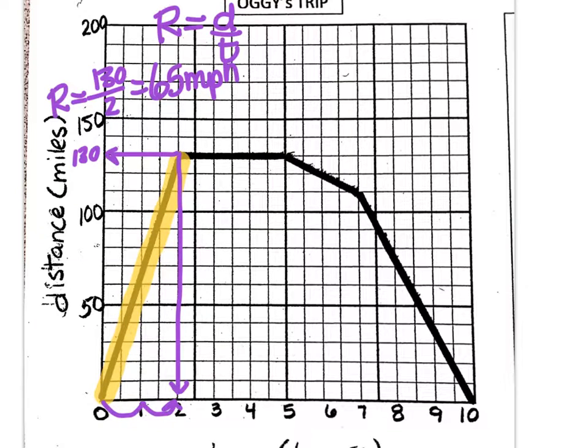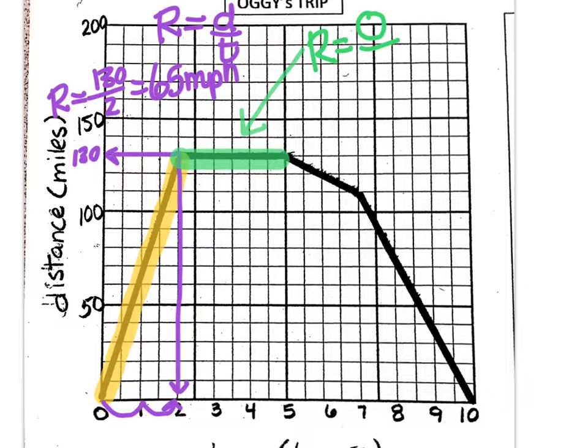Our second leg is this flat portion right here. Now, we know when our graph plateaus like that and it doesn't go anywhere, that our distance hasn't changed. So if we really wanted to, we could set up an equation, and for this part, we can do r equals, and we know our distance hasn't changed, so we've gone 0 miles.